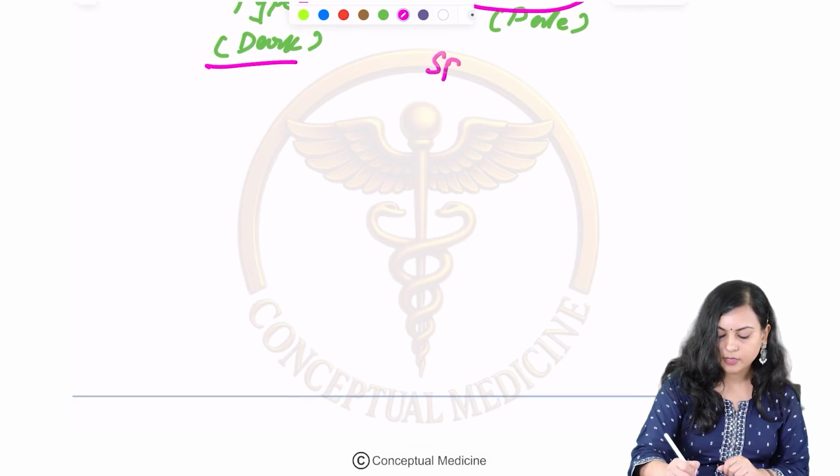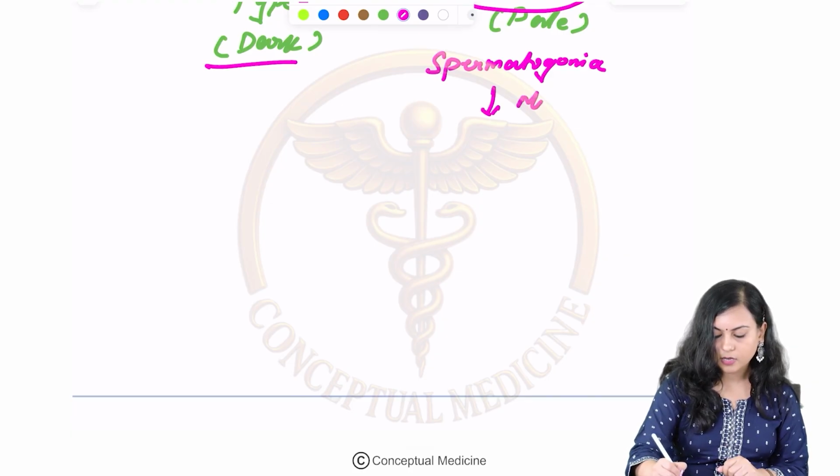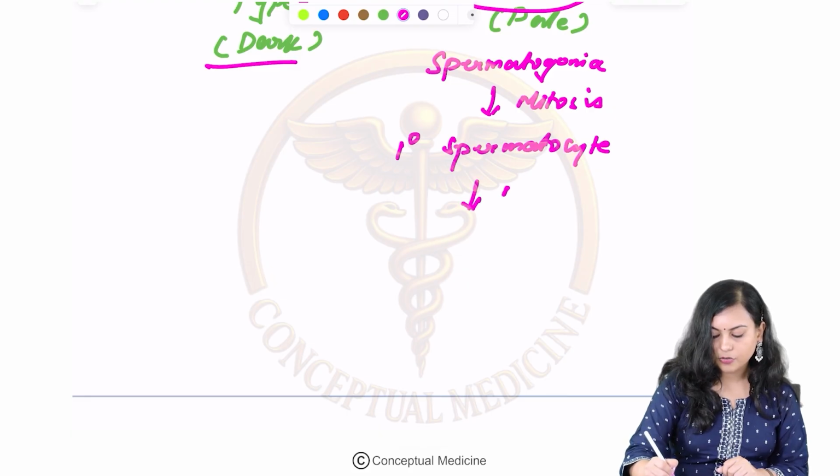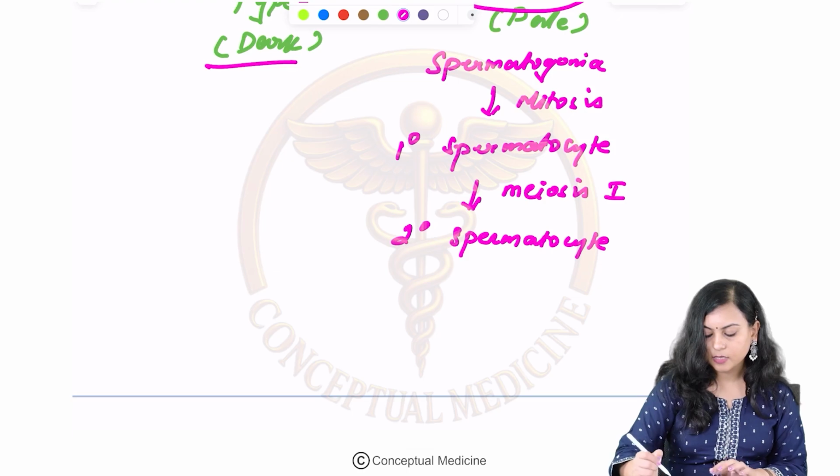So, it is spermatogonia which undergoes mitosis to form primary spermatocyte, which undergoes meiosis 1 to form secondary spermatocyte.